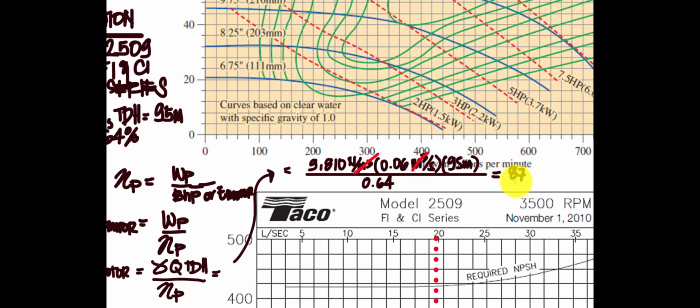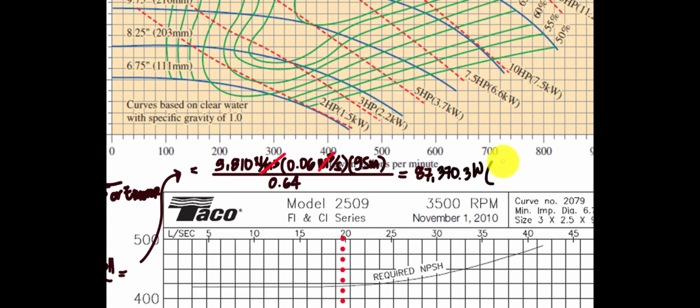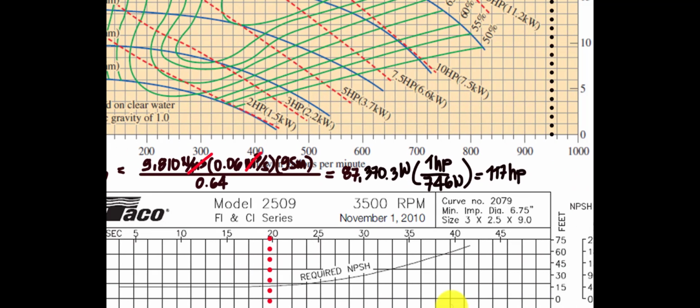If we convert to horsepower, 1 horsepower is equivalent to 746 watts. So I have 117 horsepower requirement for this pump.